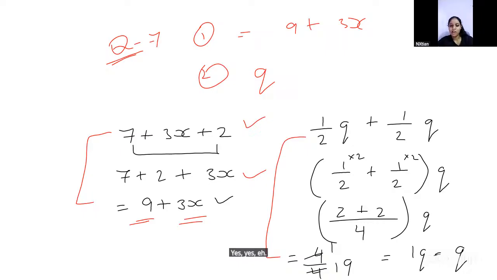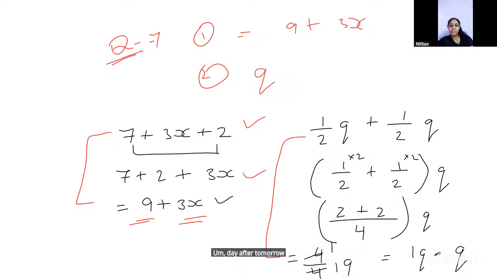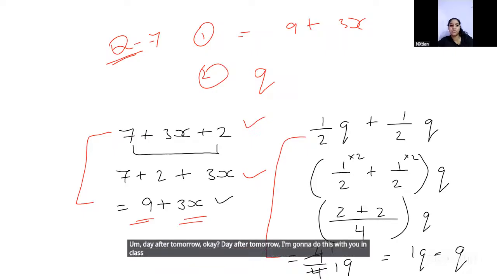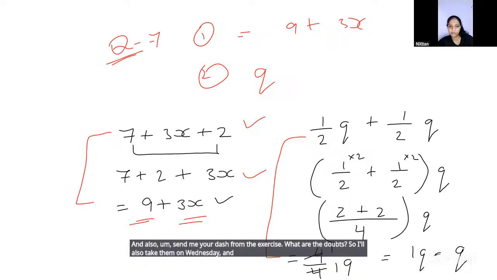I'll do some selected questions of decimals and fractions in class day after tomorrow. So you get an idea of how to solve them. And also send me your doubts from the exercise, so I'll also take them in the Wednesday class.